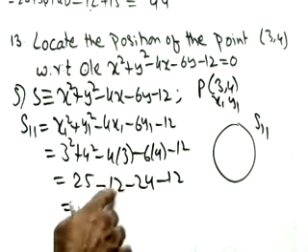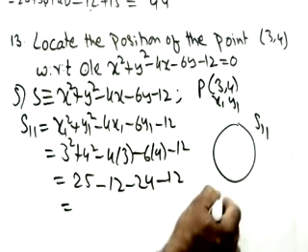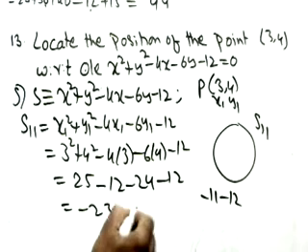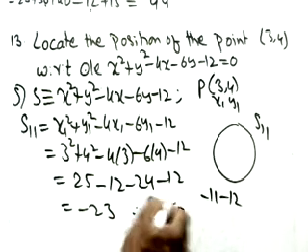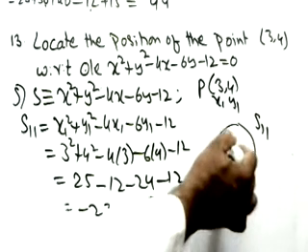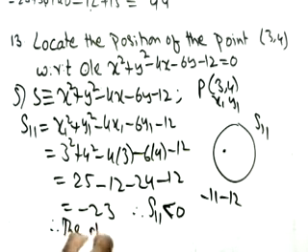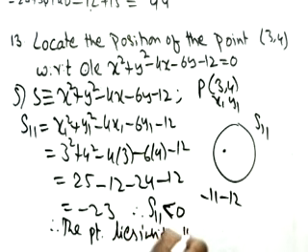So I think we are getting a negative value. 25 minus 12 is 13, minus 24 is minus 11, minus 12 is minus 23. So this S11 is less than 0. That means the point lies inside the circle. Therefore the point lies inside the circle.